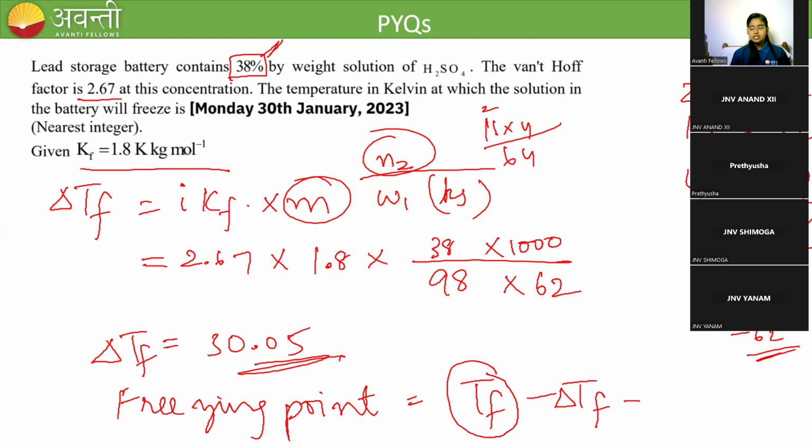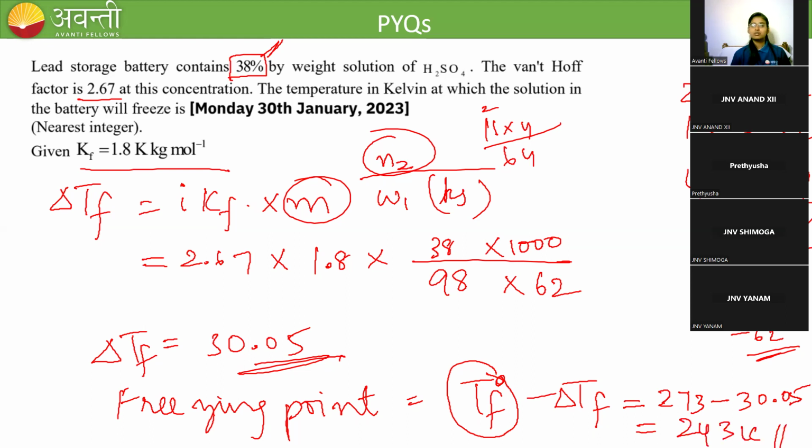The freezing point of water is 0 degrees Celsius, so it is 273 Kelvin minus 30.05, and this will give around 243 Kelvin.